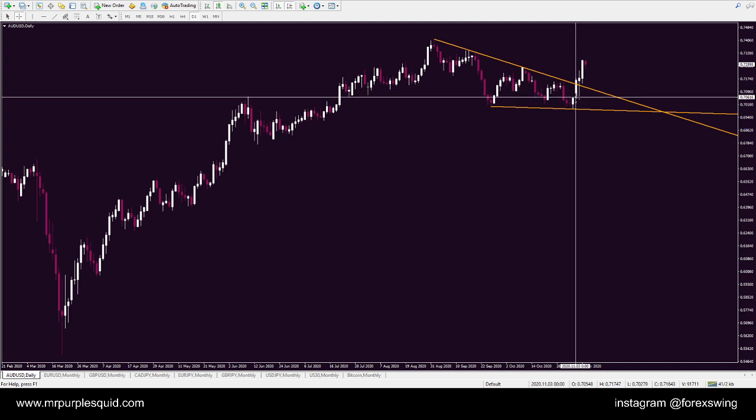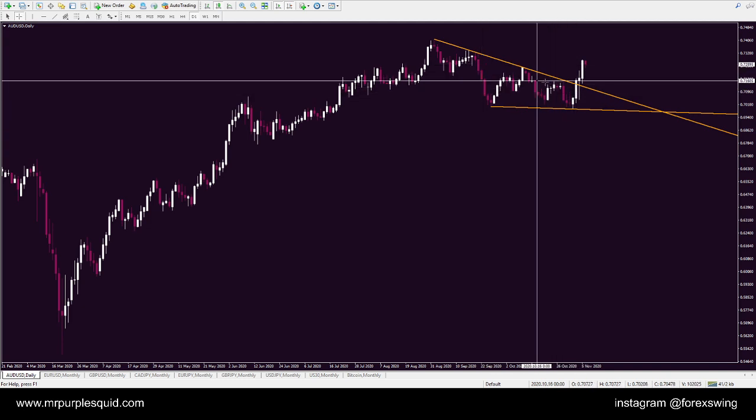I was actually looking for a break of this triangle and I got it. From the break, price would have gone up 120 pips and is now sitting at approximately 100 pips.